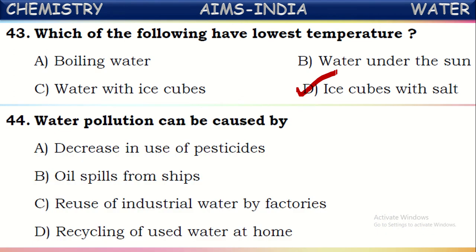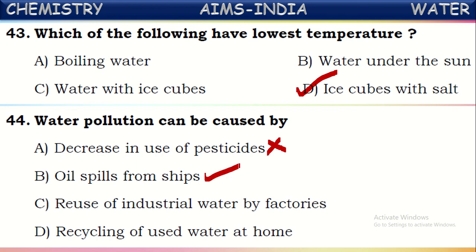Next one, water pollution can be caused by. What are the different causes for water pollution? See here what is mentioned. Decrease in use of pesticides. If pesticides are used in low quantity, it won't cause water pollution. It reduces the water pollution in fact, isn't it? Next, oil spills from the ships.